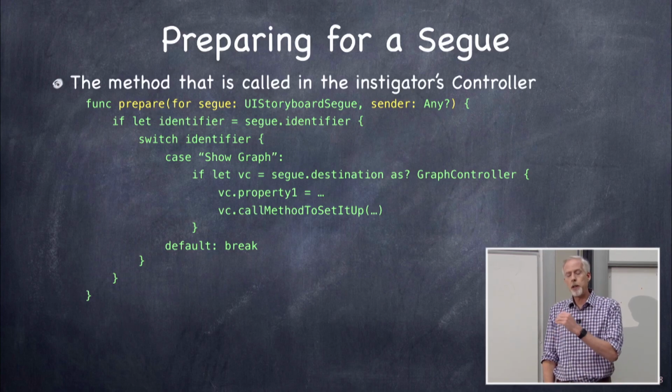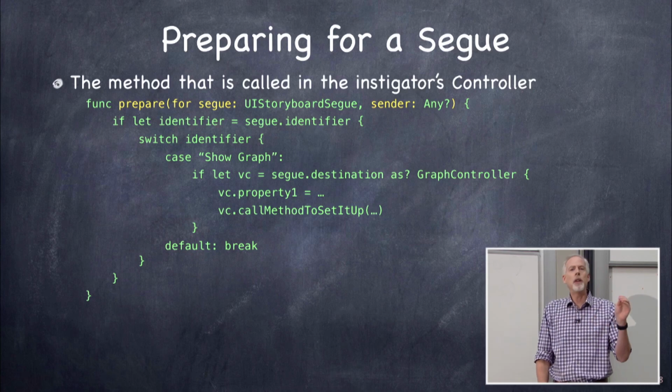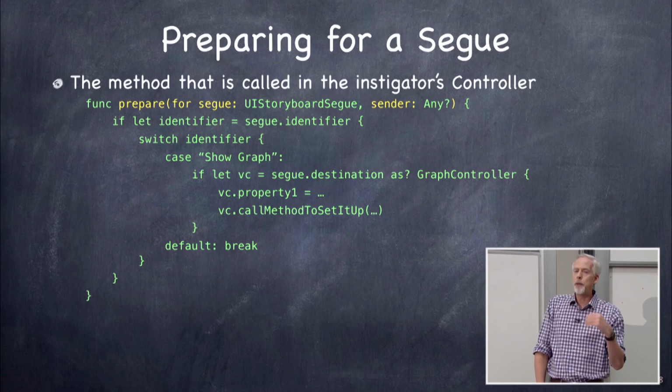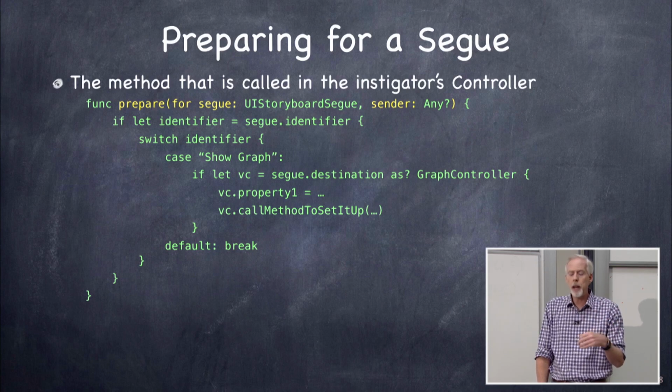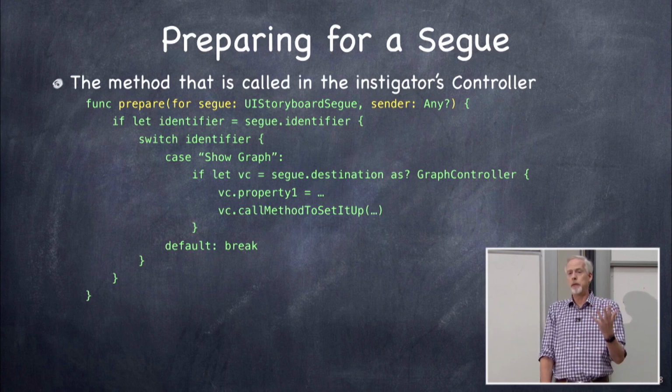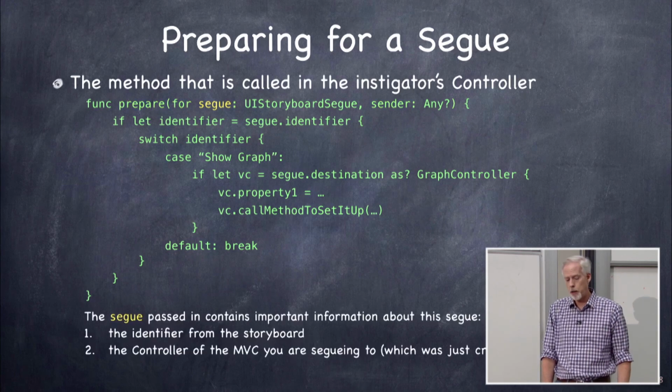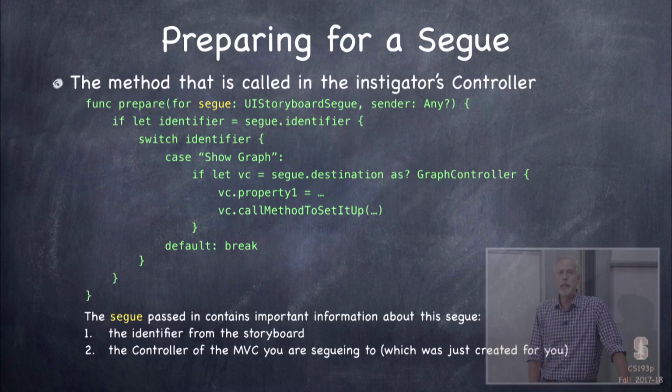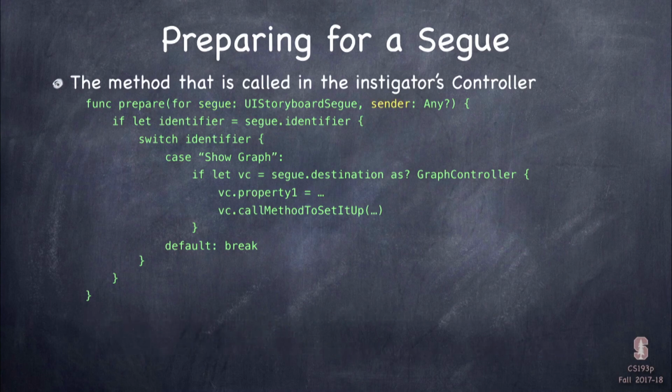The second argument, the sender, is the button or the line in a table view, or if you're doing it from code, it could be almost anything. That's why it's of type Any, that caused this segue to happen. That could also be nil. It's happening, you don't know or care who did it. So that's what those two arguments are.